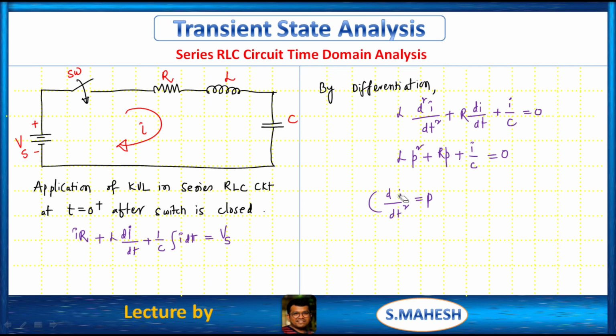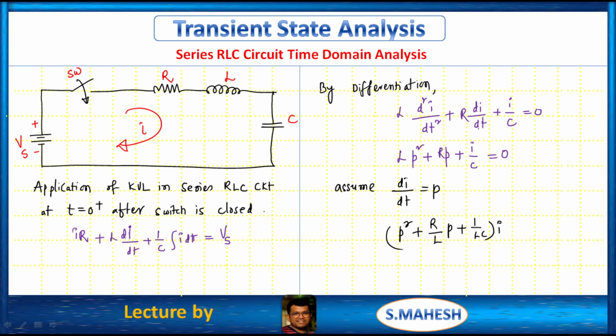Assume, therefore from this we have p square plus R by L into p plus 1 by LC into I, because in the differential term we are having I, right?